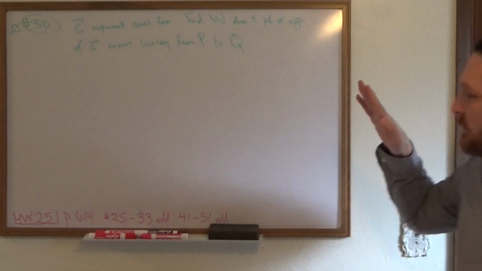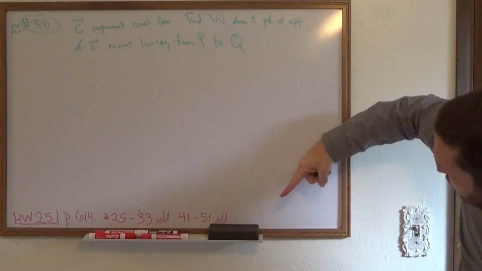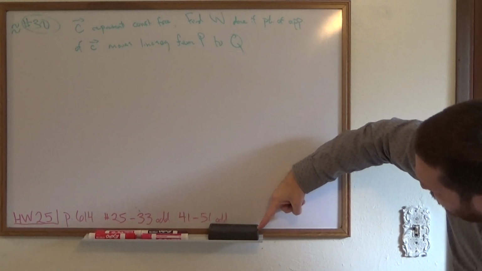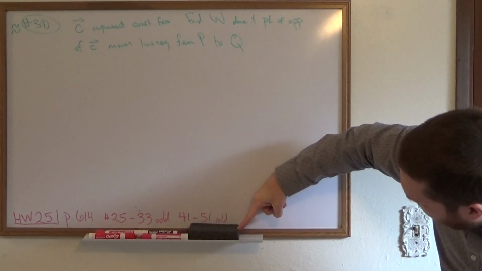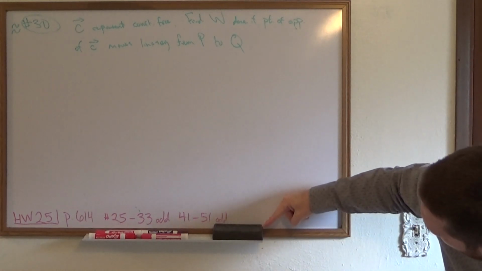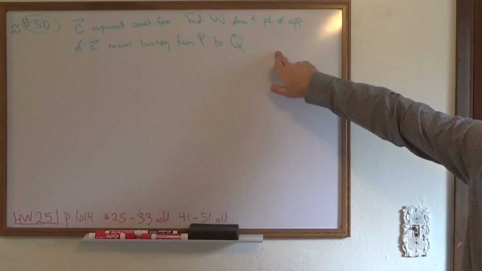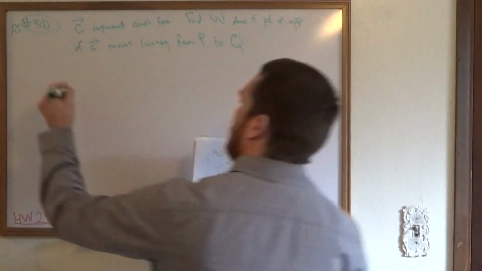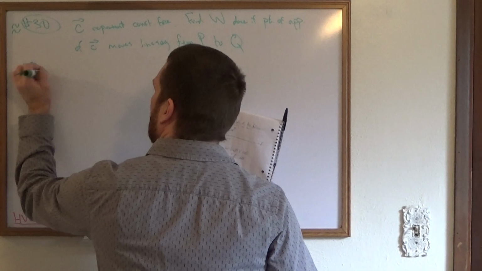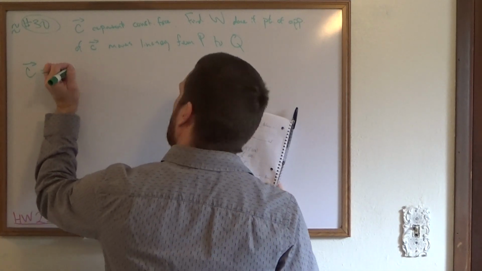So you're imagining you're pushing some constant force, and then the point of application moves from point P to point Q, okay? So there's my force vector in this direction. This right here was point P, and its end point was point Q, okay? And then it gives you something like this, C equal to negative 10 i hat plus 12 j hat.